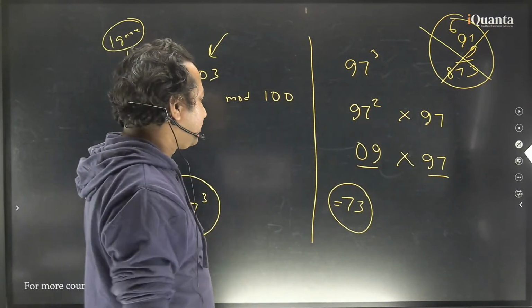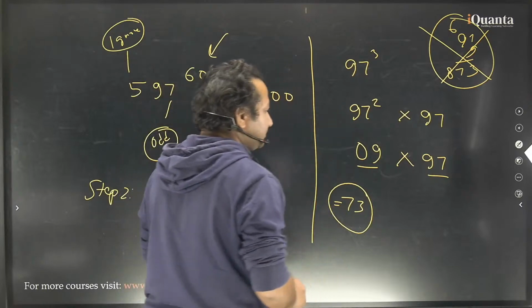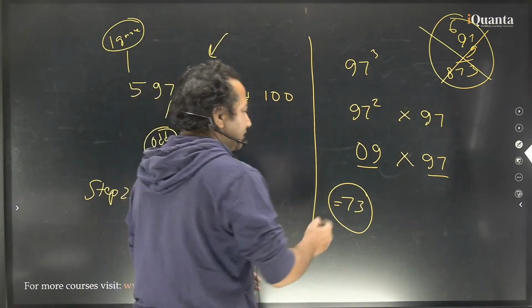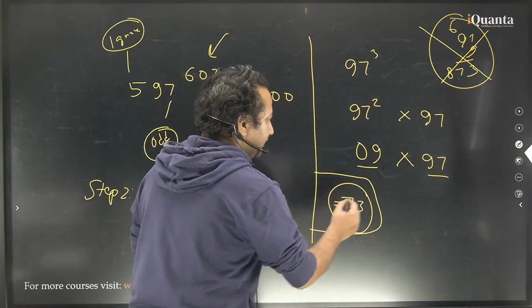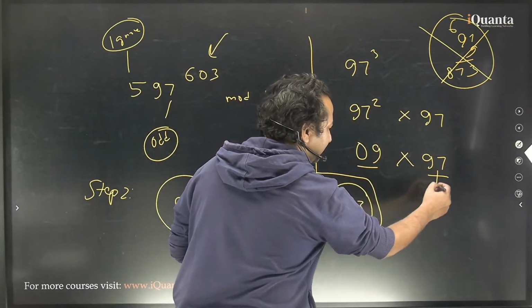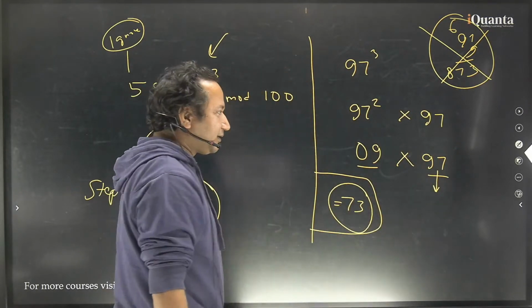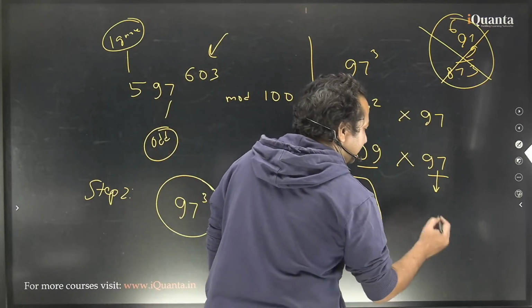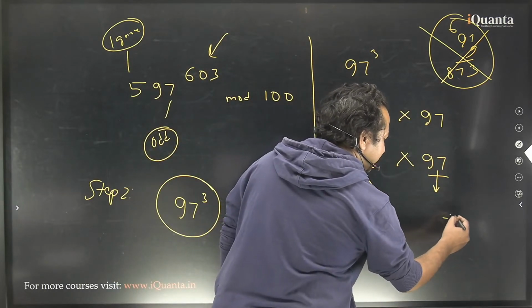वेरी गुड, वेरी गुड. See what I can do over here. जो ये 97 है, क्योंकि हमें 100 से डिवाइड करना है, क्या मैं बोल सकता हूँ कि रिमाइंडर -3 आएगा? Can I say that?